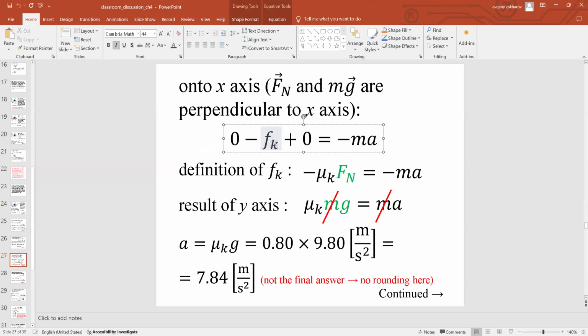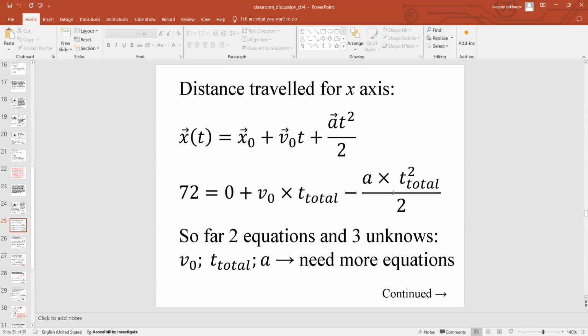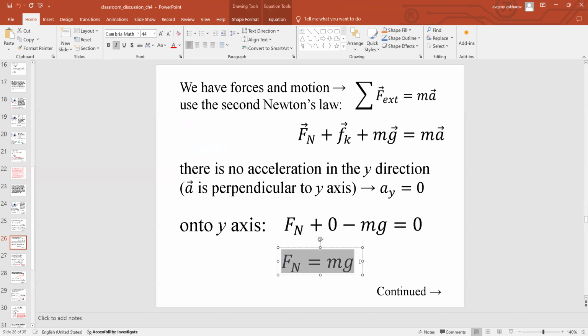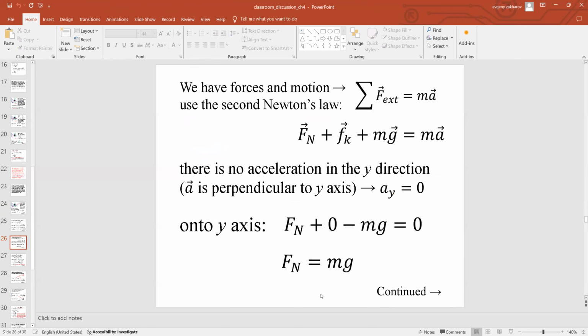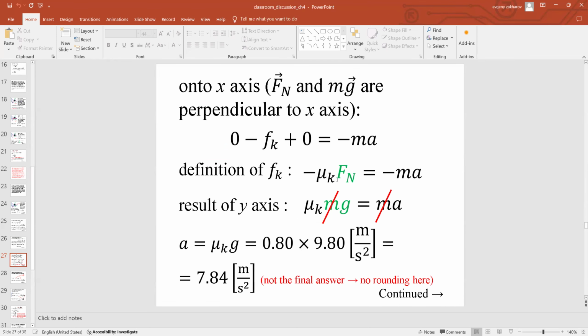What is kinetic friction? Kinetic friction is the coefficient of kinetic friction times the normal force. And we now know that normal force is the same as gravity.